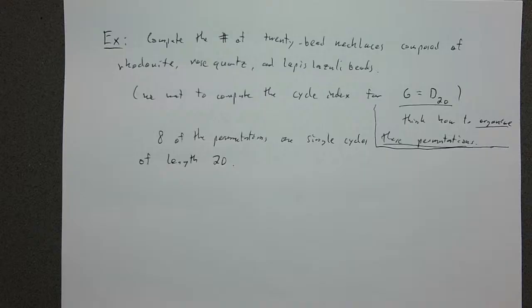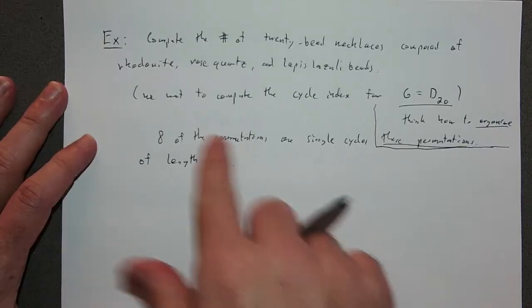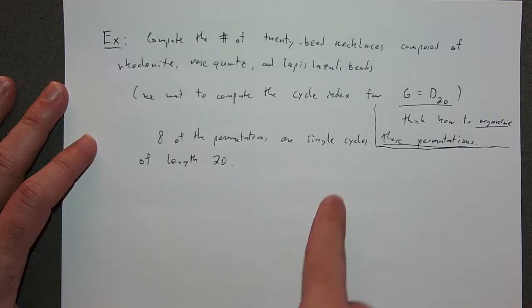So there are 20 cycles, each of length 1, is what I mean. So here I'm going to start with the least number of cycles. So 8 of these permutations are single cycles of length 20.